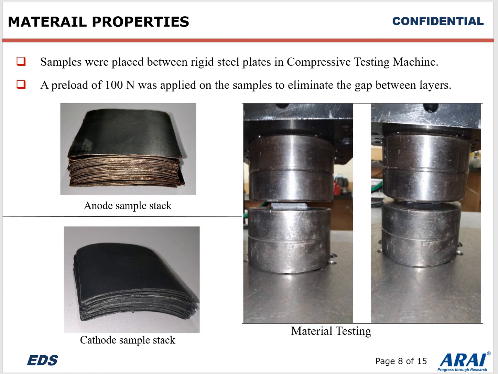The drop in the force value corresponds to failure of the current collector, the copper foil. Afterwards, the slope changes due to the collapse of active material. Hence, a bilinear isotropic material is used for computation. So, this material property will be used for FE modeling of the cell.